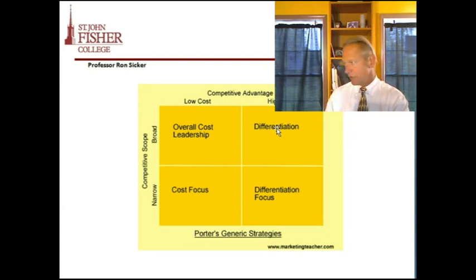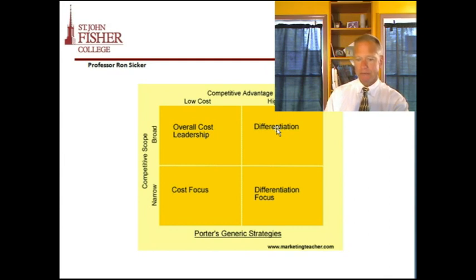Higher cost but service would be IBM. Higher cost but innovation would be someone like Apple or Google. 3M would be higher cost with innovation.